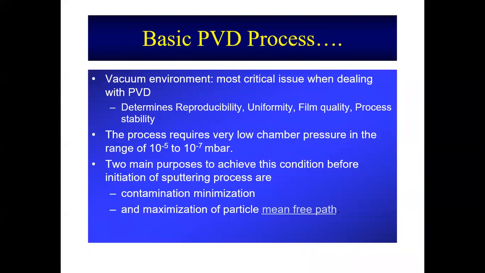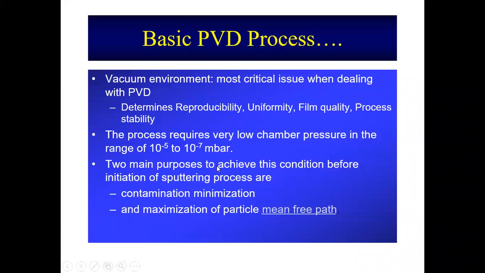One is with a roughing pump, and then you have to use a turbomolecular pump to pump all the atoms inside the chamber out to the outside environment. So you have to achieve between 10 to the minus 5 and 10 to the minus 7 millibar. Before you do anything in the process, you have to vacuum it first.